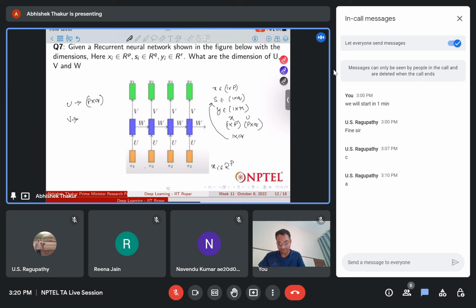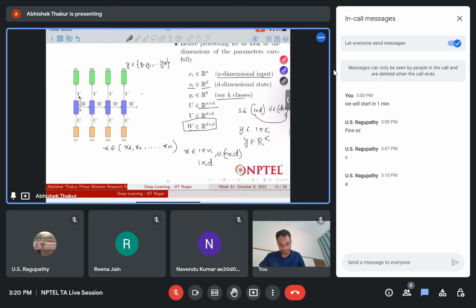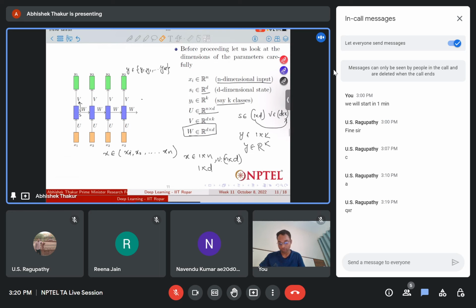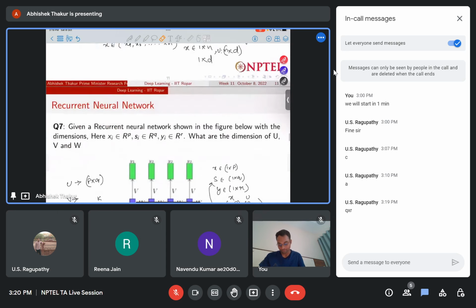Now coming to v. Our output is k classes, so here it will be k. In the previous example, it was k classes, so v was d cross k. It depends on d, that is the dimension of s also, because s is multiplying with v.